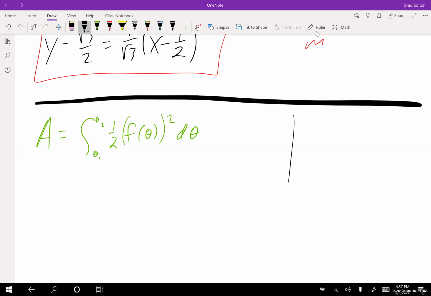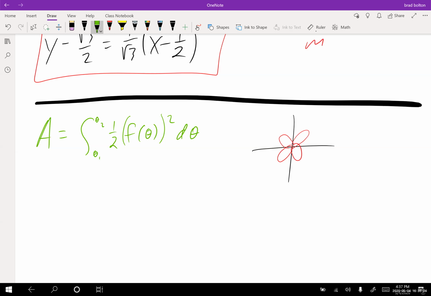And I want you guys to understand something. The way that it works when you're finding the area is, let's say you have this polar curve, something weird like that. And it's a big shape, some rose petal or something.